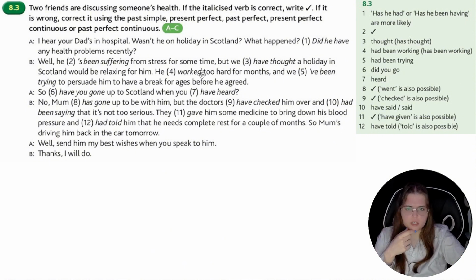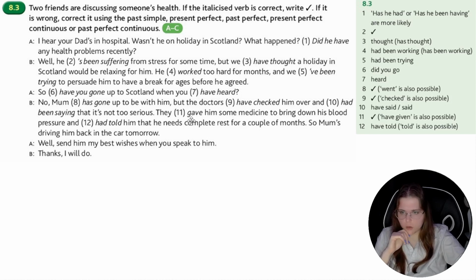And if this is referring to the past, we use past perfect continuous, and if it is about the present, then we use present perfect continuous. Well, and we had been trying to persuade him to have a break for ages before he agreed. We had been trying for ages, the duration before the moment in the past.